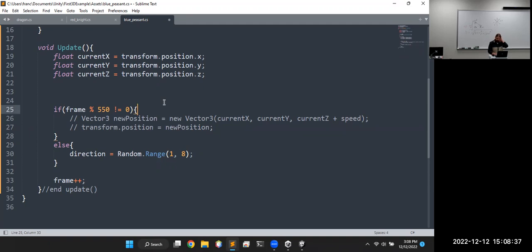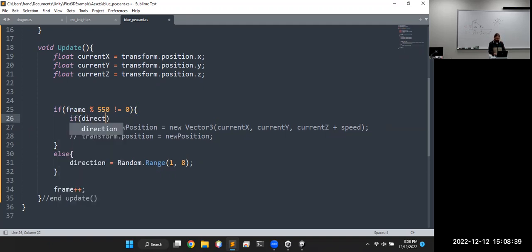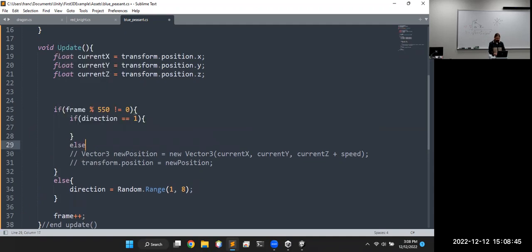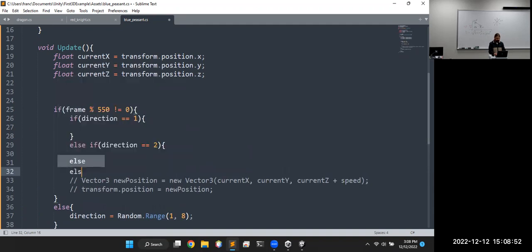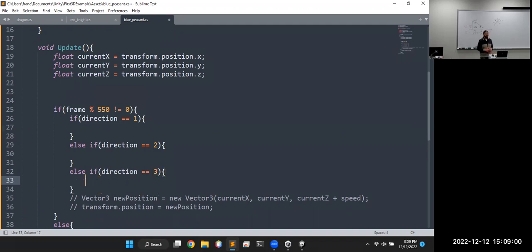Then we need that selection structure like we had before. So like if direction is equal to 1, else if direction is equal to 2, else if direction is equal to 3. And has anybody worked with a language that has switch case before? All of these are going to be exactly equal to. That's when we would want to use the switch case. And we are in the C family of languages.